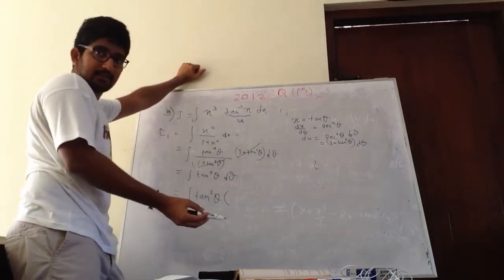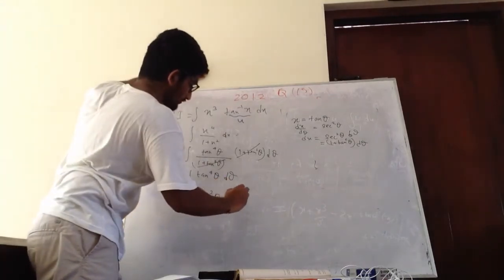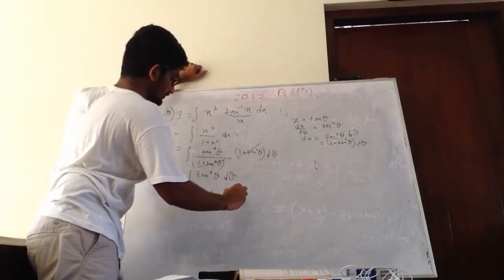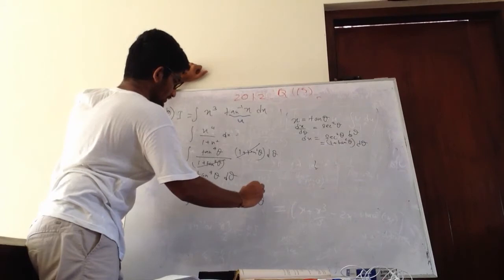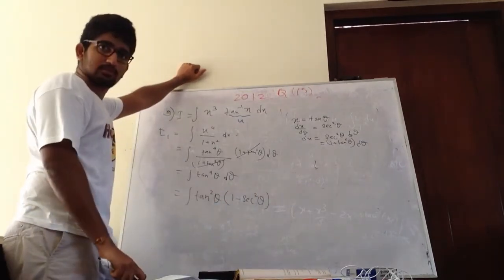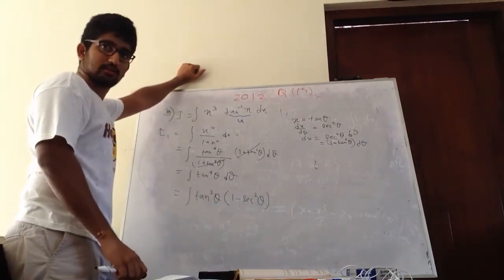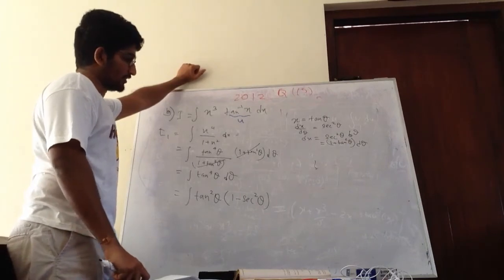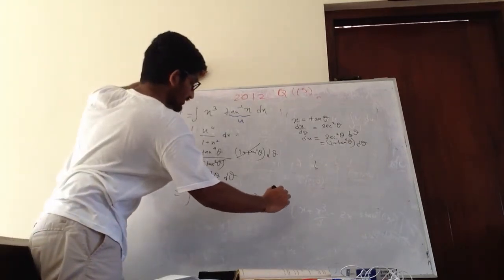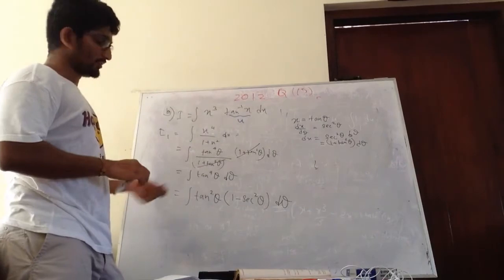It's another tan square theta, which is 1 minus sec square theta. So we have to think of a substitution here. Right? So write this down.